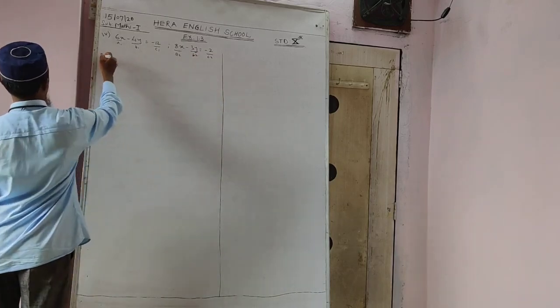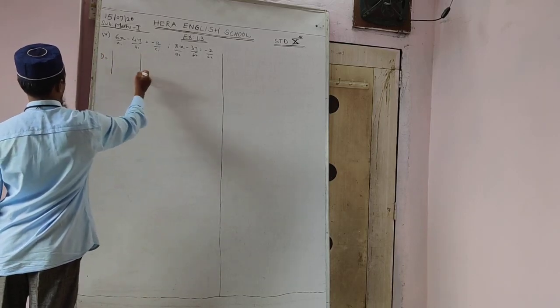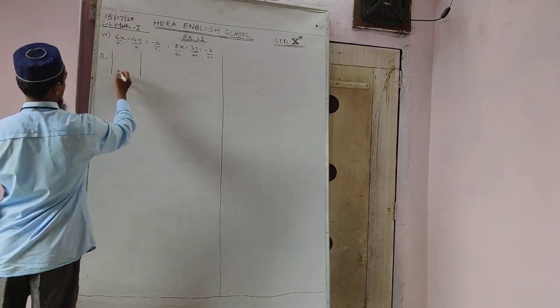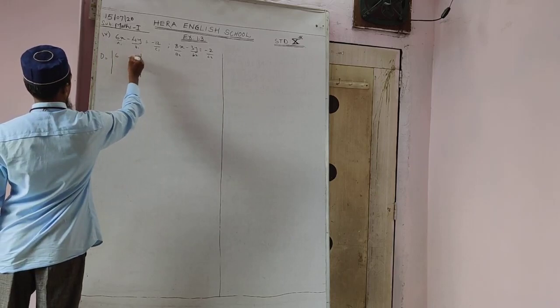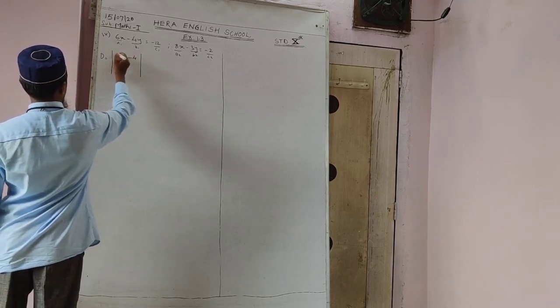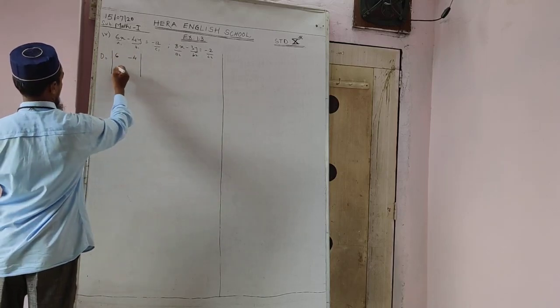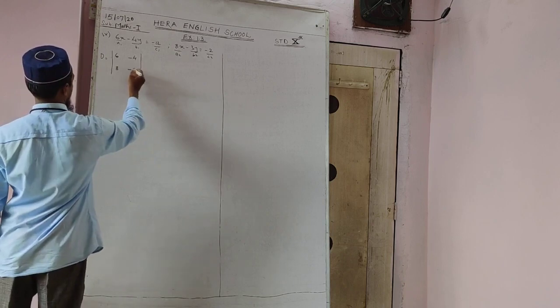Now to get D first, we arrange the numbers in the absolute value: a1, b1, a2, b2. a1 is 6, b1 is minus 4, a2 is 8 and b2 is minus 3.